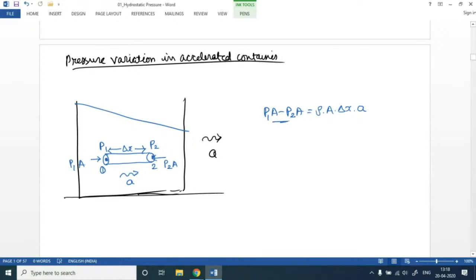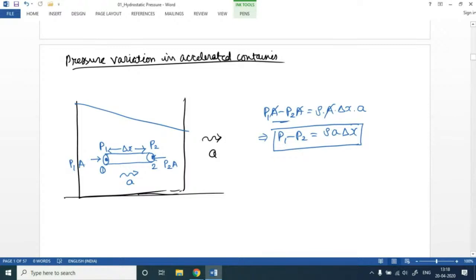The A will get cancelled. So P1 minus P2 is equal to rho a delta x. That is the pressure variation in the horizontal direction. The vertical pressure variation would still be rho g delta y, that we have already seen.